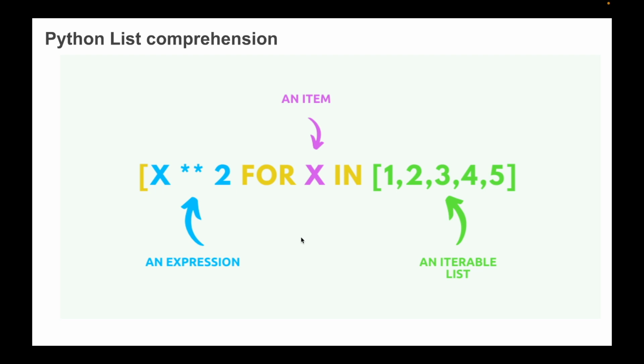So what this list comprehension is going to do is take 1, then take 1 to the power of 2, and store it as the 0th element in the list. Then it's going to take 2 to the power of 2 and store it as index 1 of the list. For every value in the list, it's going to iterate through, perform this, and store it in the larger list.